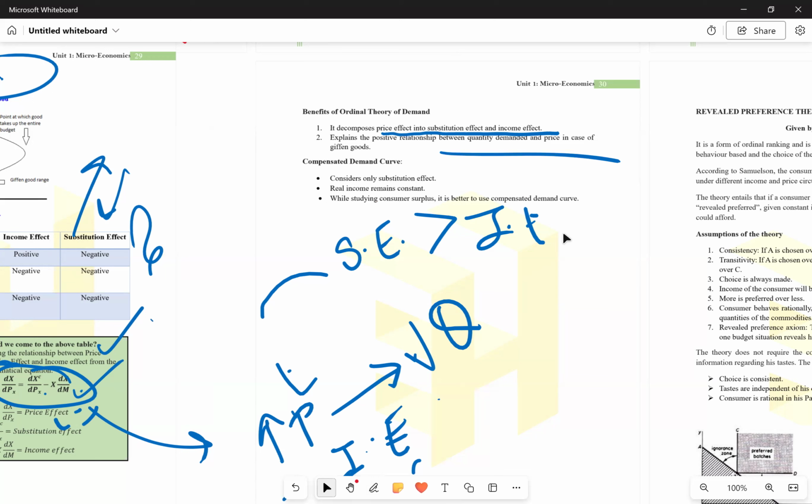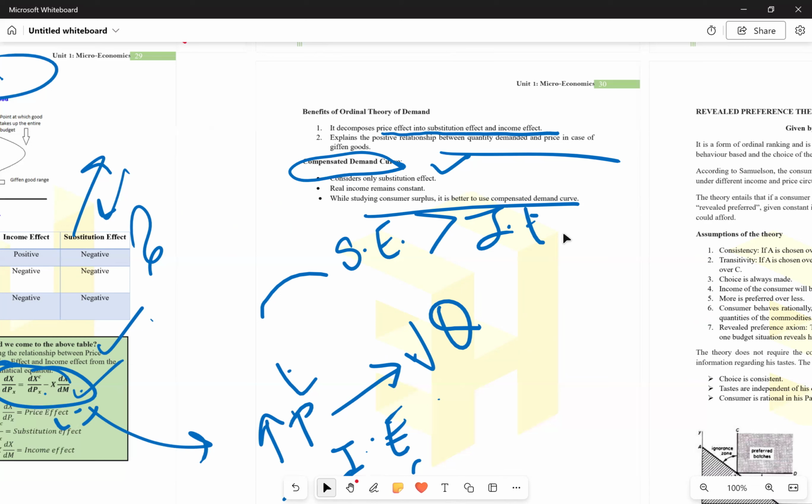Okay, but then we also have a compensated demand curve, which will only consider your substitution effect and will keep the income level, the real income, constant, right? We'll do this compensated demand curve later, but just for the introduction, this is mostly used in the case of your consumer surplus, because it keeps the real income constant, and consumer surplus is what a person is willing to pay minus what he actually pays.